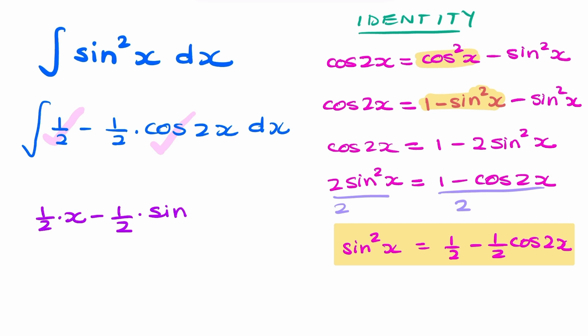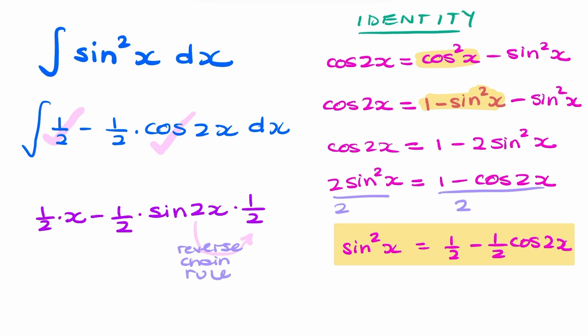Okay, so that's sine 2x, but then I need to divide by 2, so it's the reverse chain rule. It means you need to divide by the derivative of the argument of the sine, so the part between the brackets. So that's the reverse chain rule.